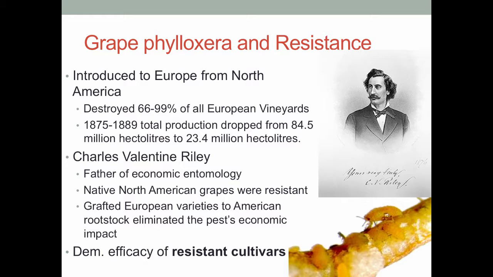So ultimately, resistant cultivars proved so effective at controlling many pests that it was really a major focus for how they controlled pests moving forward from this point out. And C.V. Riley was ultimately inducted into the Royal Order of the Chevalier, which is the highest civilian honor you can get in France. And if I understand correctly, he is the only non-French person to ever win that. So that's how much the French love their wine.